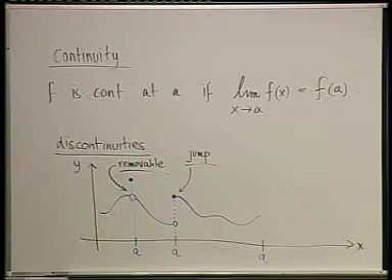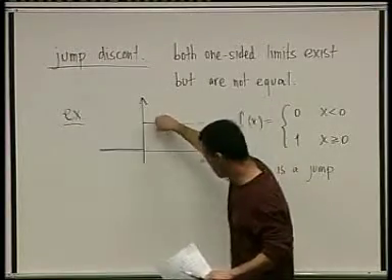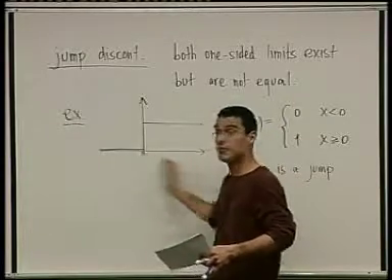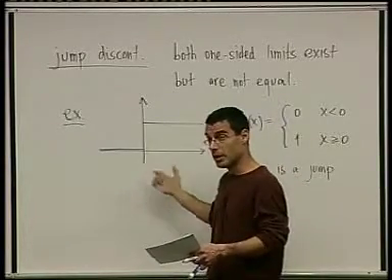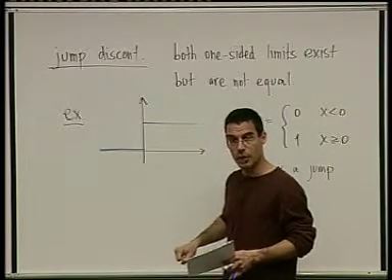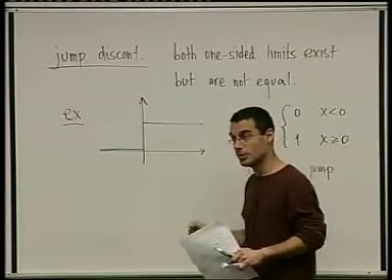So changing the value at the point cannot fix this. You're changing the function on infinitely many points, on a neighborhood, in order to fix it. And usually we won't be fixing jump discontinuities.